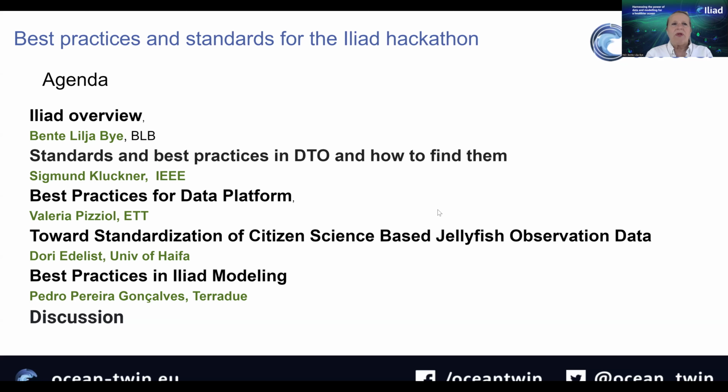And then we will learn about the standards and best practices in digital twins of the ocean and how to find them by Sigmund Kluckner. And we move on to best practices for data platforms by Valeria Piziol. And further on towards standardization of citizen science-based jellyfish observations data by Dori Edelist.